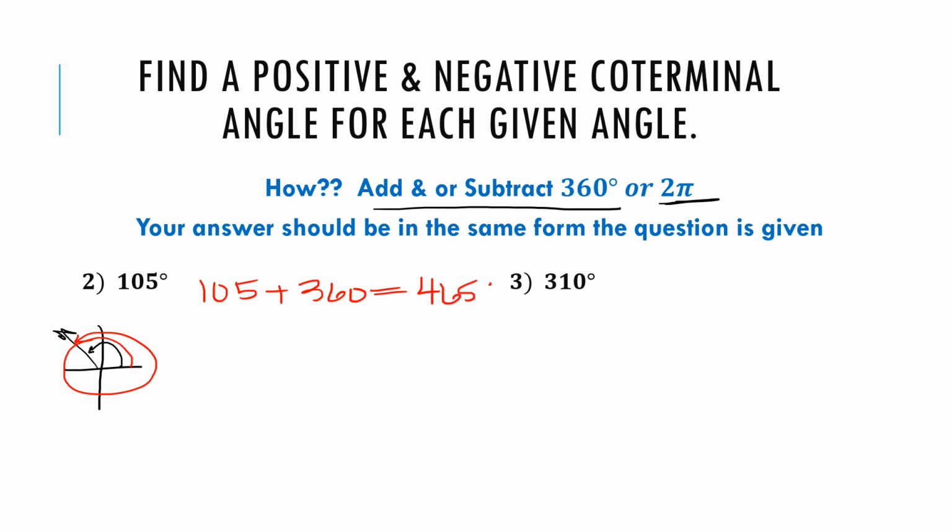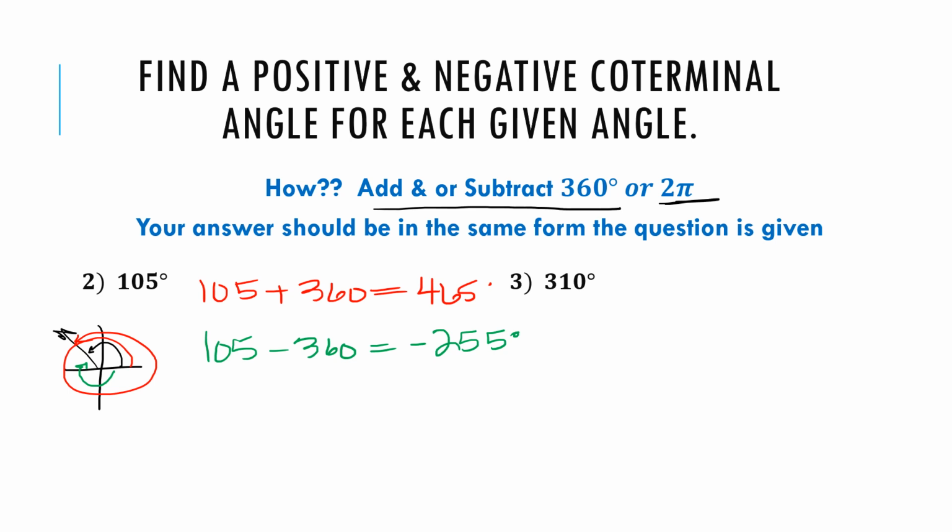Or if I wanted to go the opposite direction, I would take 105 and subtract 360 degrees to give me the green angle going the opposite way, which is negative 255 degrees. So there's your visual and algebraically how you determine positive and negative coterminals.